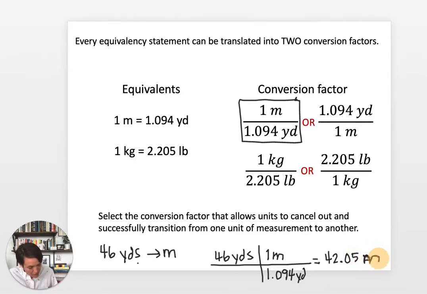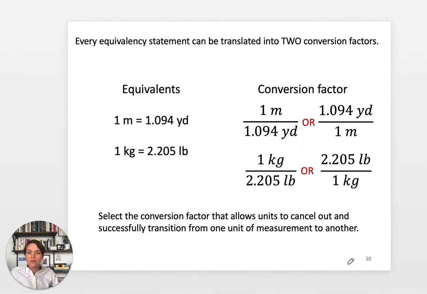Now, using our significant figures, we're limited by our 46. Remember, conversion factors are not included in calculating significant figures because they are exact values, right? So I would need to round this to just 42 meters.